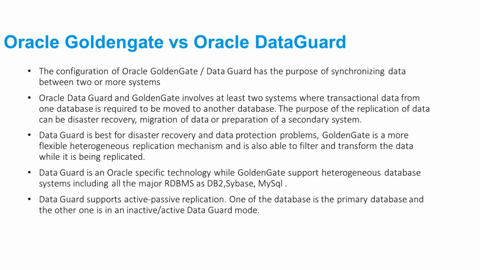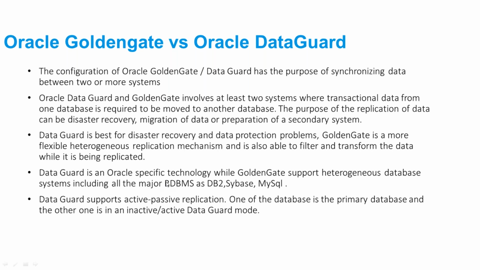So it needs at least one source database from where you want to move the data to the other side. The purpose of replication of data can be disaster recovery, migration of data, or preparation of a secondary system. So you can use Golden Gate or DataGuard for disaster recovery, migration of data, or preparing the other side for recovery, or as a secondary system.